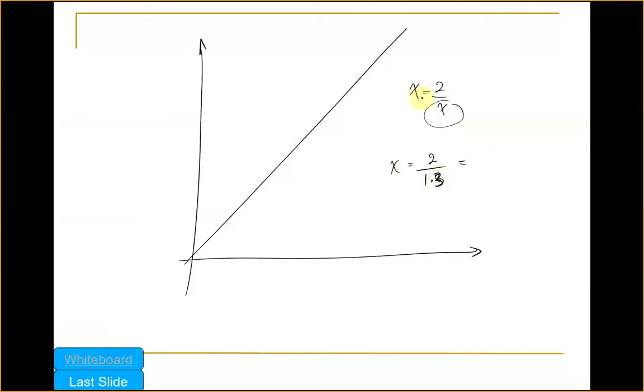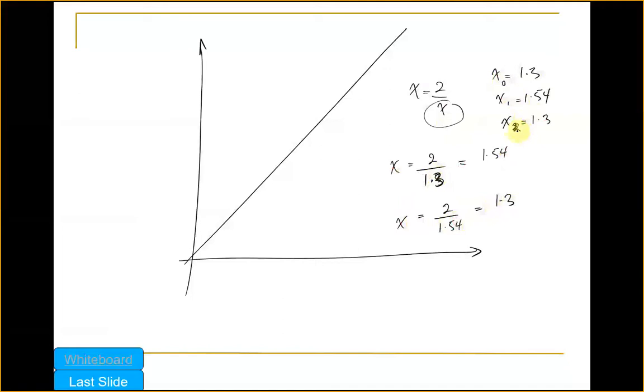This will be called x0. x0 equal 1.3. 1.54. So you're going to say x1 is 1.54. Okay? Then you're going to plug that in. x equal 2 over 1.54. What do you get? Turns out you're going to get 1.3, by the way. So it will be x2 equals 1.3.